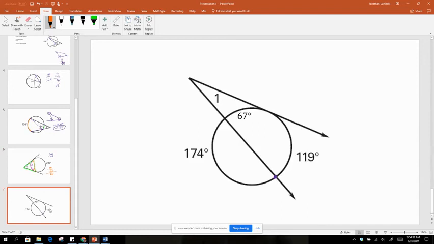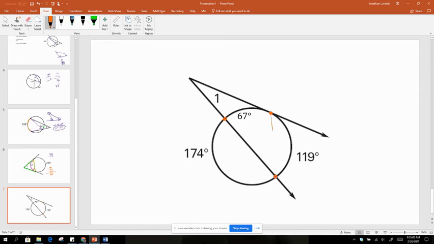And then finally, we have a situation where we have a secant line and a tangent line. So remember, the secant goes through the circle, the tangent just touches at that one tiny little point. So here sort of is where it's touching. So again, we want to see, can we use inscribed angles to help us solve for angle 1? So here we have our arc sort of being captured here, and here is at 67.